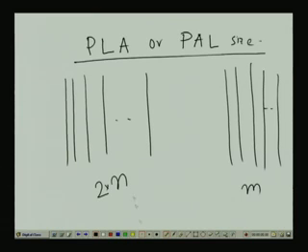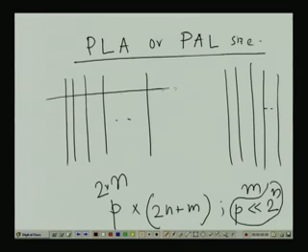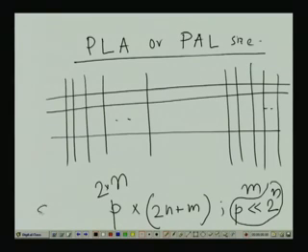So this is 2n plus m columns, and the rows will be only the p number of terms, where p is very much less than 2 to the power n, because in real life, from all possible product terms 2 to the power n, only a few p product terms are used. So this is my size.